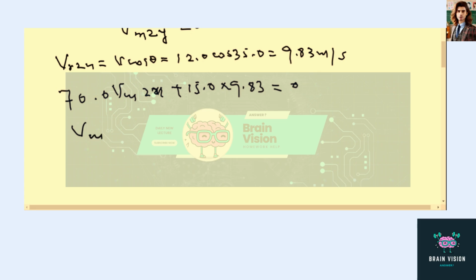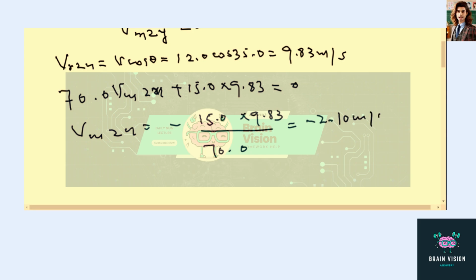So my velocity along x-axis is equal to minus 15.0 times 9.83 divided by 70.0, that is equal to minus 2.10 meter per second.